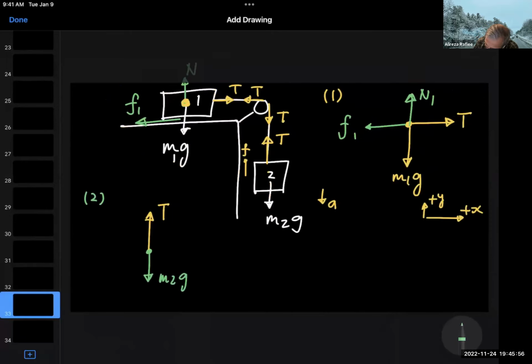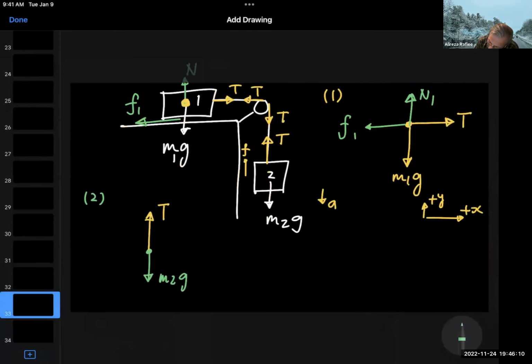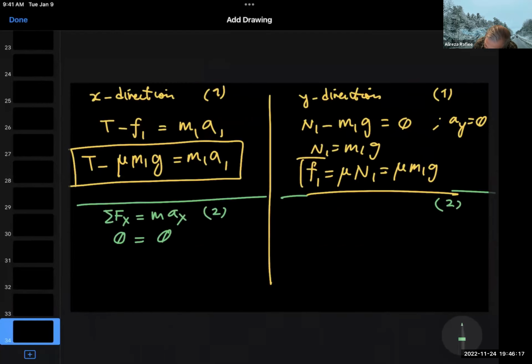In the x-axis, I have no forces, so the sum of all the forces in the x direction is 0 on the left side and 0 on the right side. Good, nothing to worry about. But in the y-axis, I have T minus m2g, and this would be equal to m2 times the acceleration of object 2.